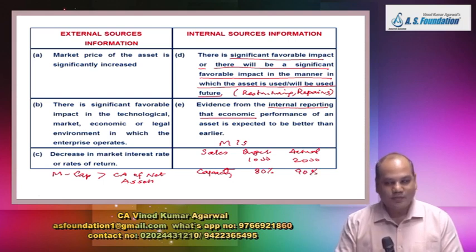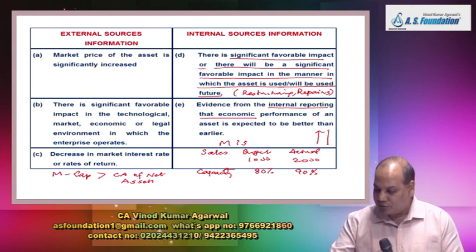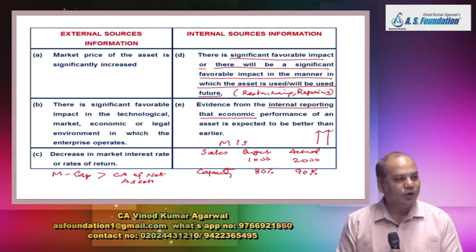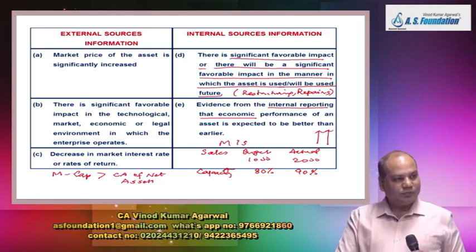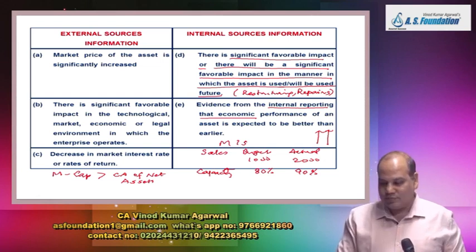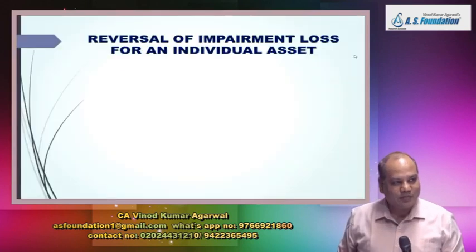Just an example. What do these ratios indicate? These internal reports indicate that your performance is improving and therefore value in use may have gone up. Right? Welcome to reversal of impairment loss.